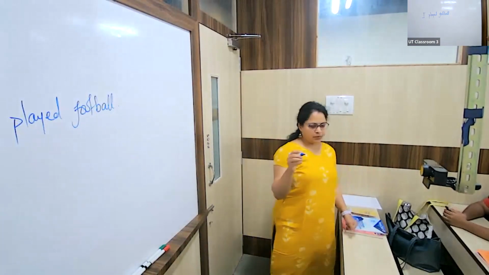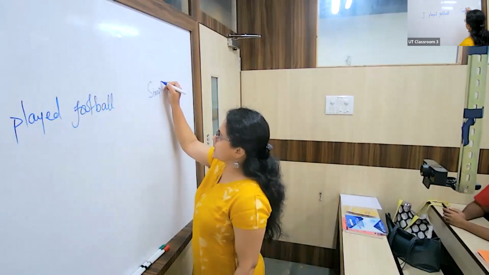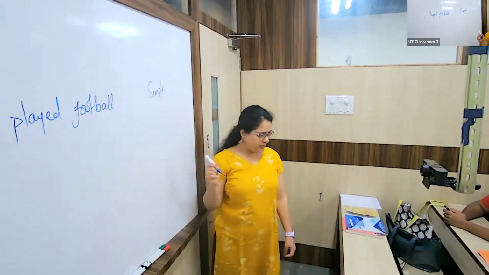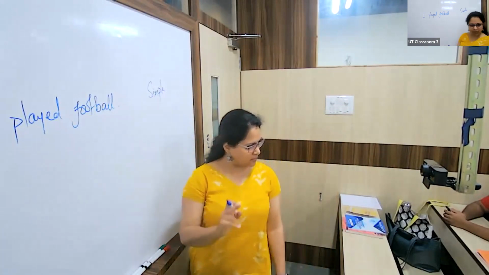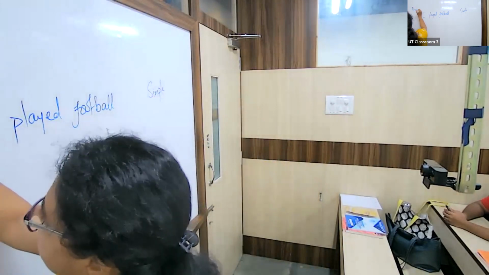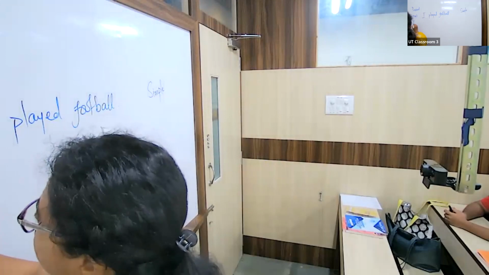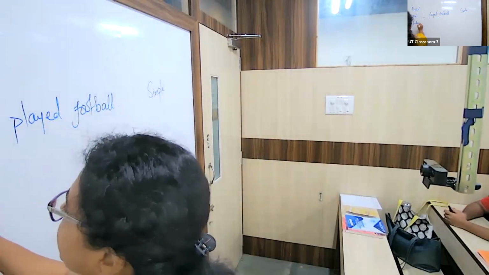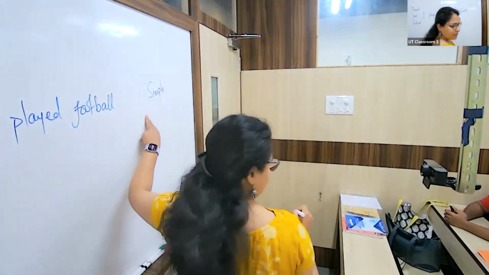Past. Okay. So we have different types of tenses. One is simple. Then the main types are present, past, and future. Right? Present, past, and future. And there are various other tenses. So one is simple.